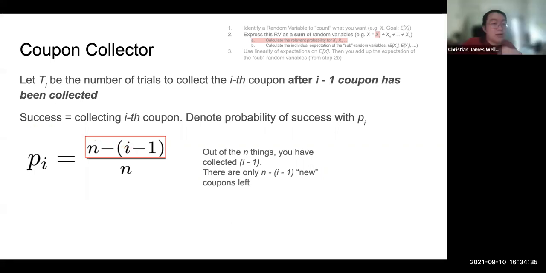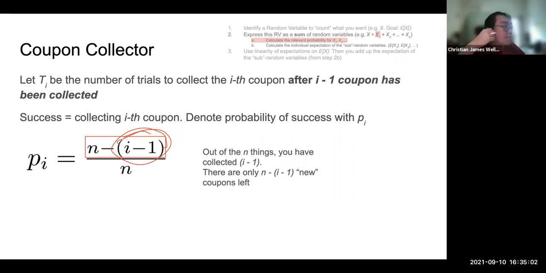This i minus 1 is because you are excluding those 11 coins you have collected. You don't care about the probability of collecting them because success for you is collecting the 12th coin.